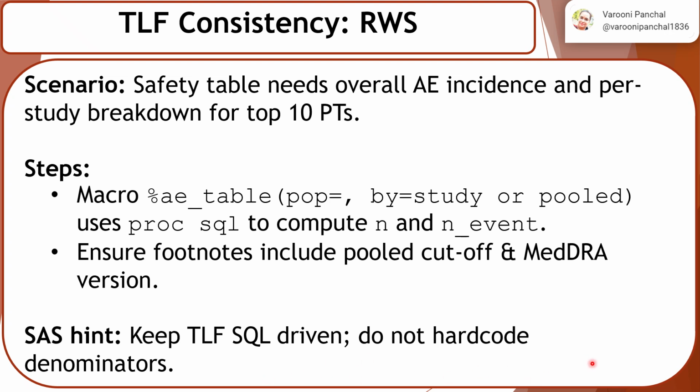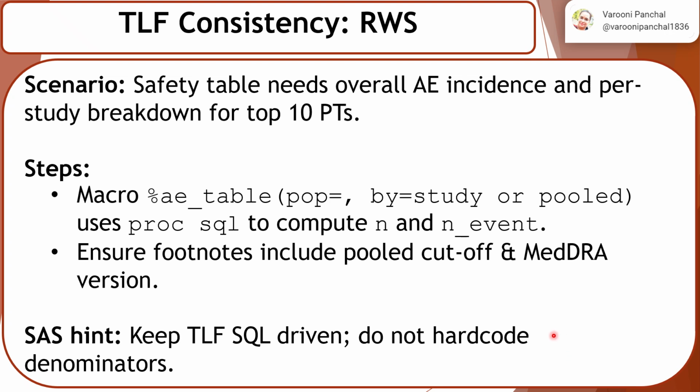Now whenever you are calculating the counts and percentages, counts you will anyway derive from PROC FREQ, or PROC TABULATE, or some other procedure. But for denominators, whenever you are calculating percentages, you need counts divided by the total number of observations. That total number of observations is nothing but the denominator. So that denominator, whatever it is, by treatment arm or overall, should never be hard coded, and it is not allowed.